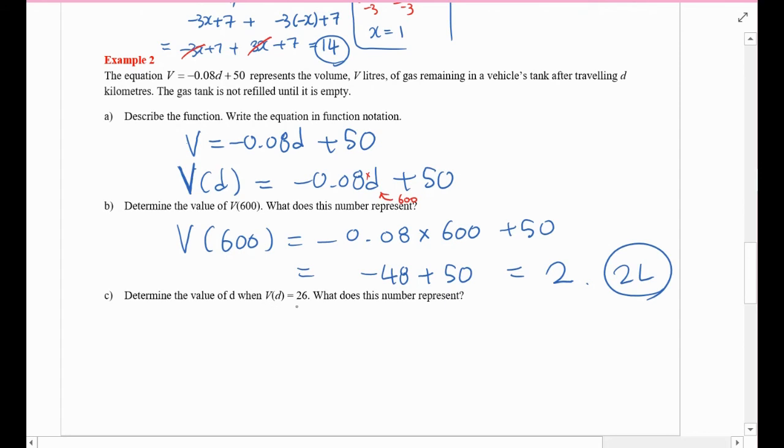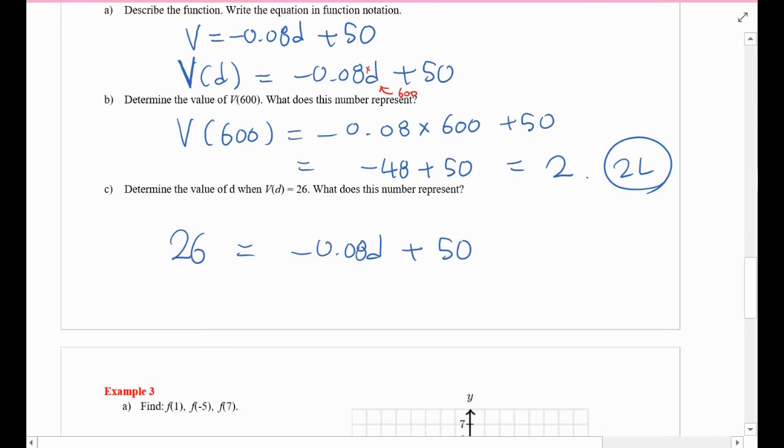Okay, V of D equals 26. The whole thing is 26. That means the output is 26. So V of D is 26. We substitute V of D, the whole thing, with 26. Okay? So 26 equals negative 0.08D plus 50. And now we're going to isolate D by subtracting 50, then 24 equals negative 0.08D, and let's divide both sides by negative 0.08.